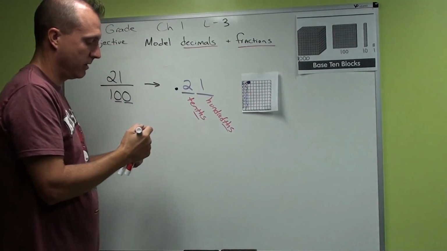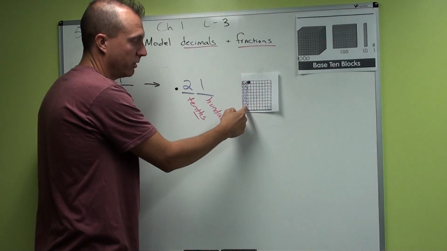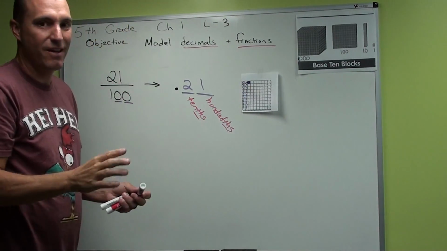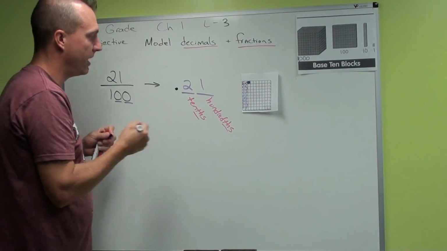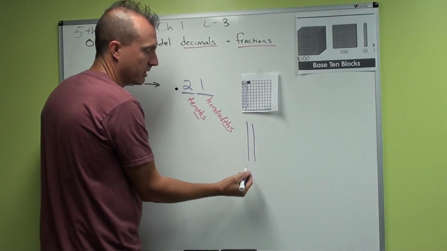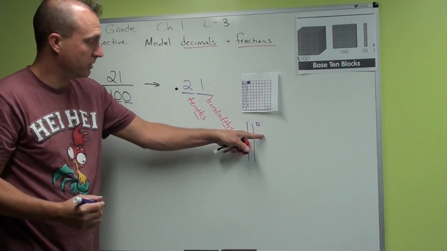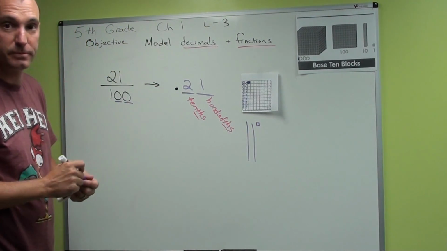Right there. So the whole row is 10, 20, and then 1, 21. If you were doing this without this, I would have asked you to do a 10 stick, a 10 stick, and then a single cube. That also is 21. Okay?